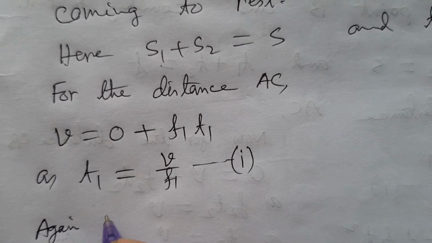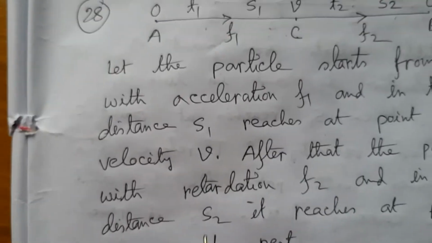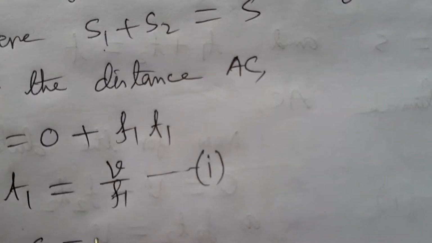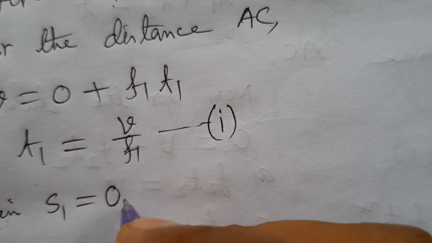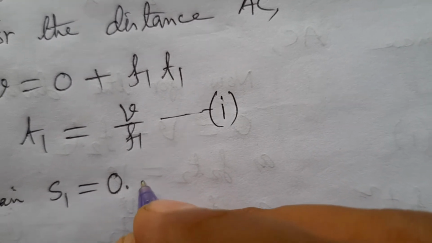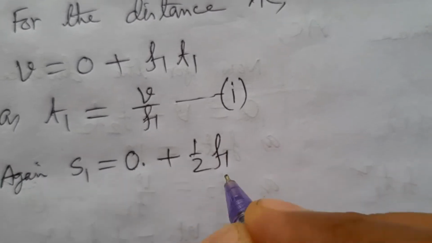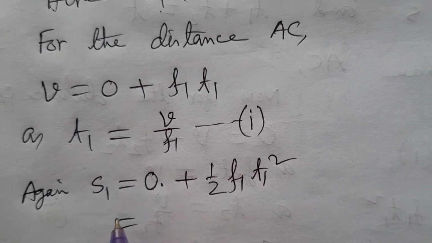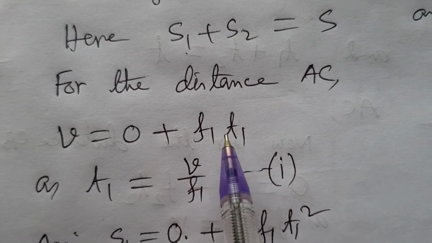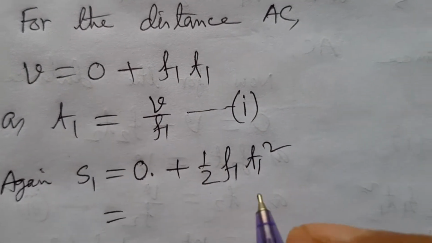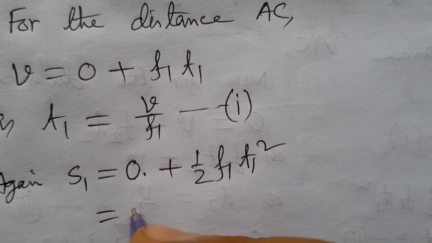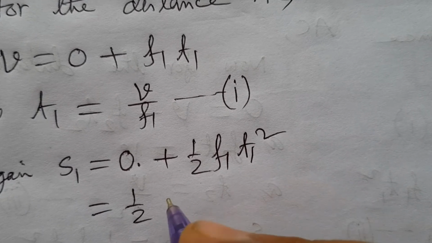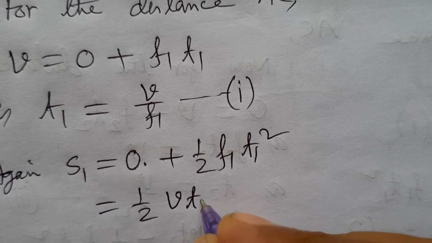Second formula is S means S1. S1 is equal to Ut, Ut means 0, 0 into T means 0, plus half of Ft square. That means F1 T1 square. Here you can see that F1 T1 is equal to V. So if we put this value, we can write half into F1 T1 means V, and into T1.